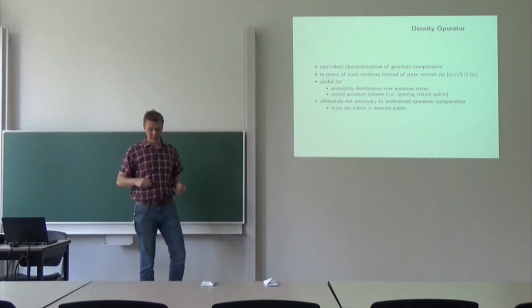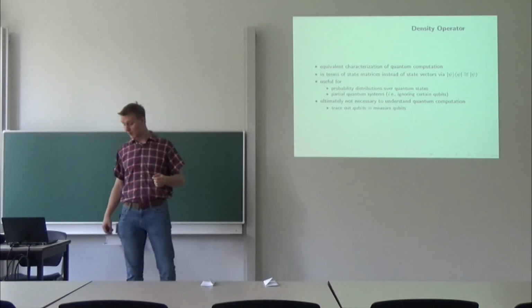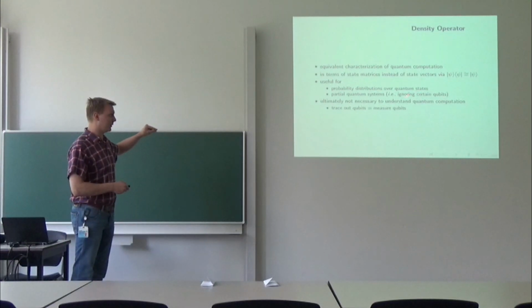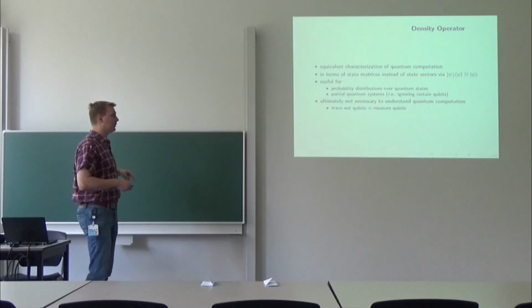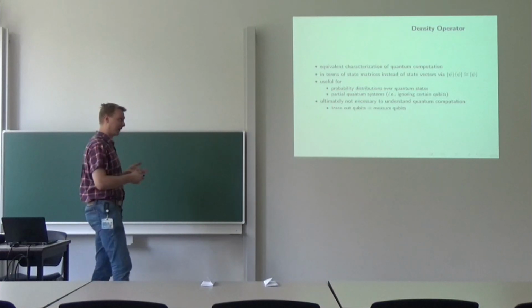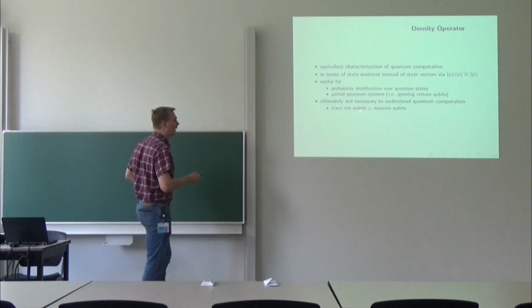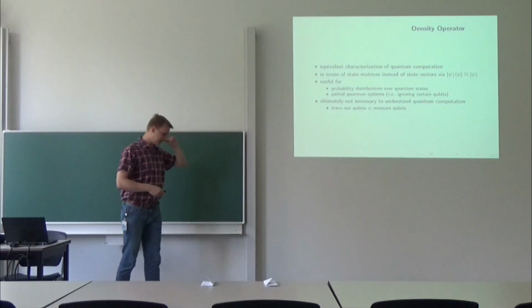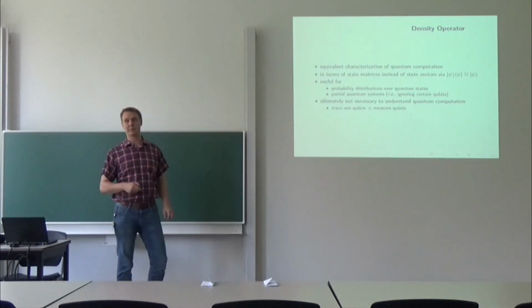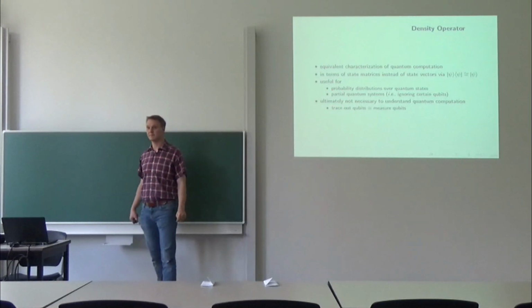One important note, though, is that when you ignore certain qubits, this is associated with an operation on the density operator, which is a matrix, involving a partial trace, and this operation is actually indistinguishable from performing measurement. Right?